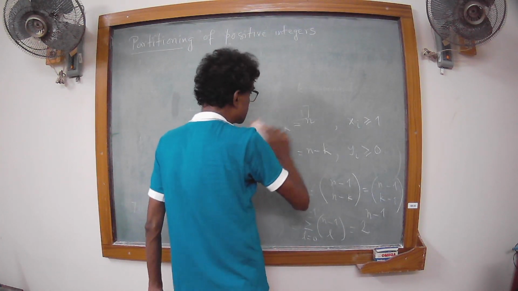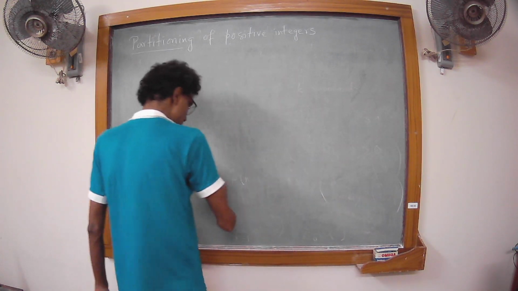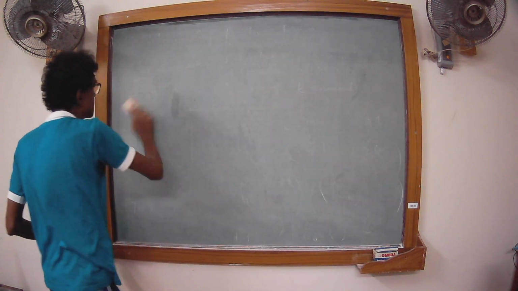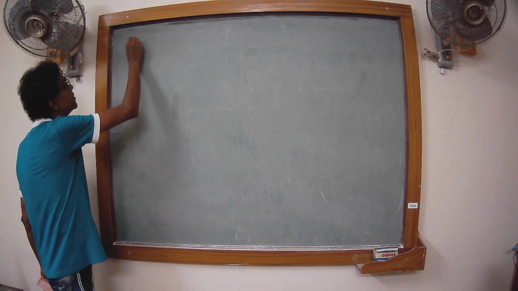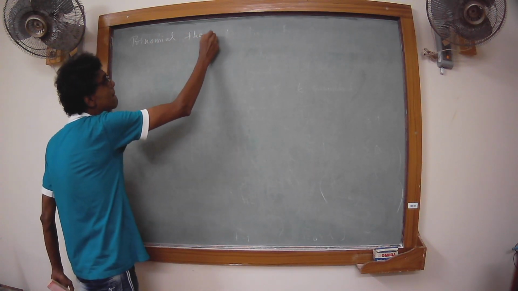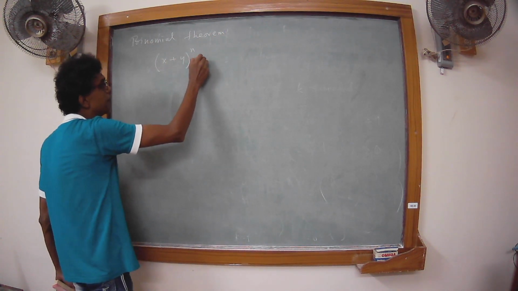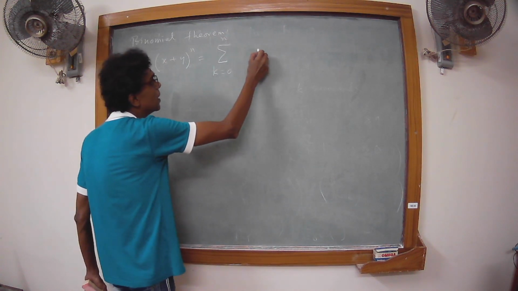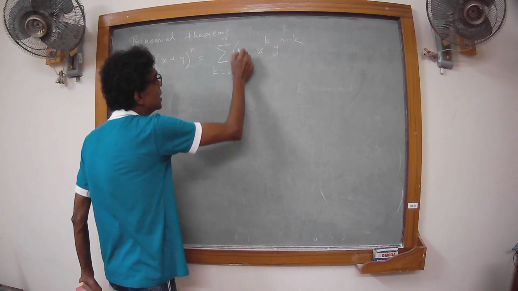Okay, as I promised, we are going to have something on Catalan numbers. But just before that, I'll quickly recollect 2 standard results, which most of you must know, if not all of you. That is the binomial theorem and the multinomial theorem. So, x plus y whole power n is summation k equal to 0 to n, x power k, y power n minus k, n choose k.